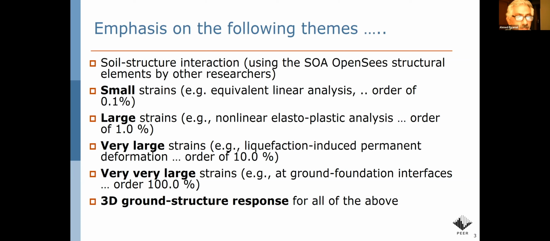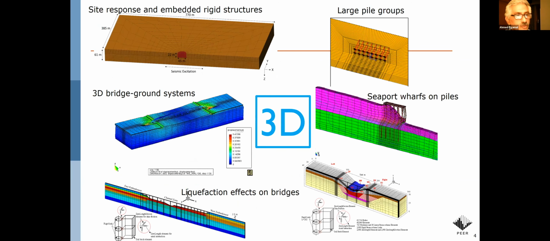In the coming slides, I want to show examples of 3D response, 3D ground response under a variety of scenarios, in an attempt to illustrate some of the things that we have learned from the analysis and some of the things that we have faced in our attempt to get this work done. So like I said, everything coming up will be about 3D simulations.